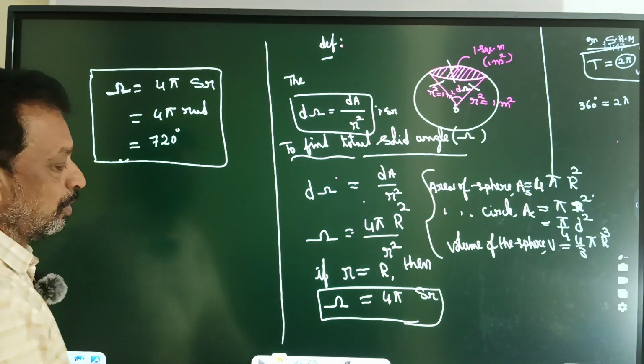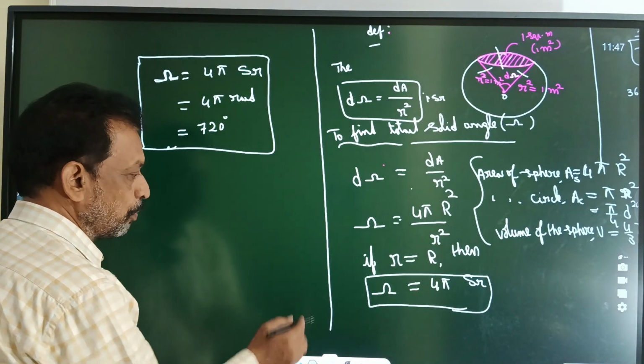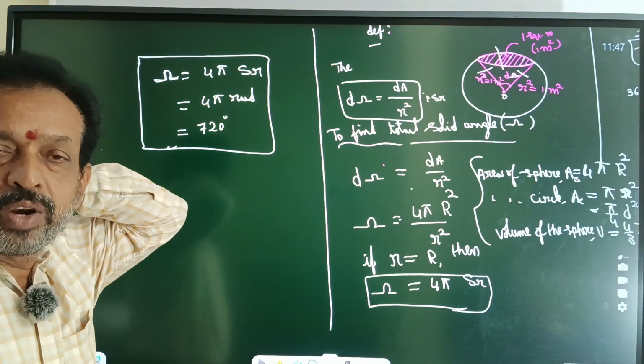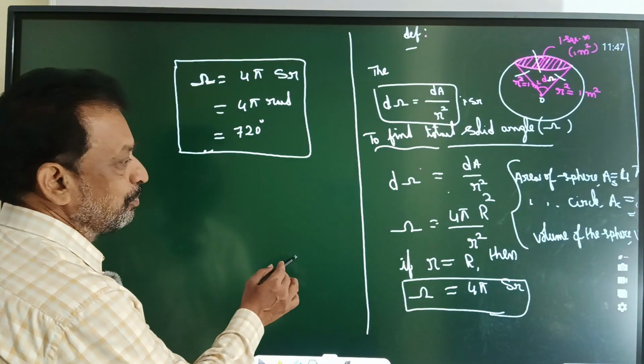Okay, now, where are we using this 4 pi? Usually there are 2 pi, which we just saw, and 4 pi you are also going to see. Where is 4 pi going to be used? Let us see here.